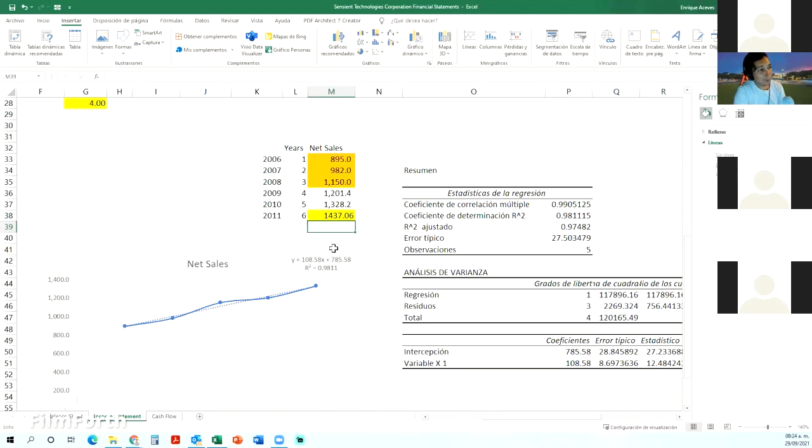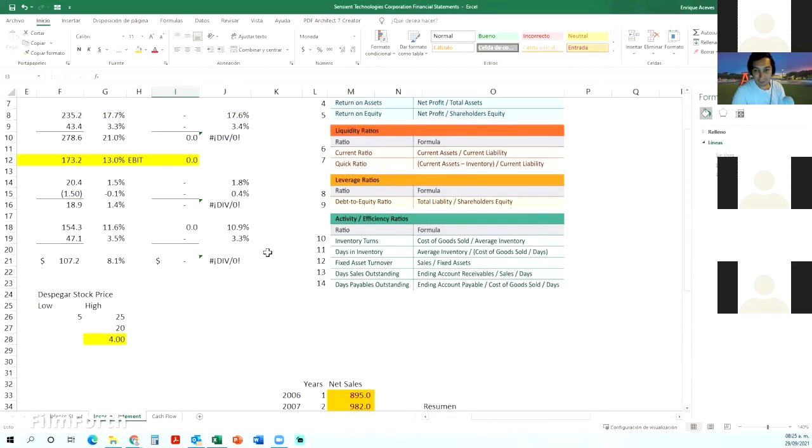With 90% confidence, we can say that next year we will achieve 1,437 in net sales.